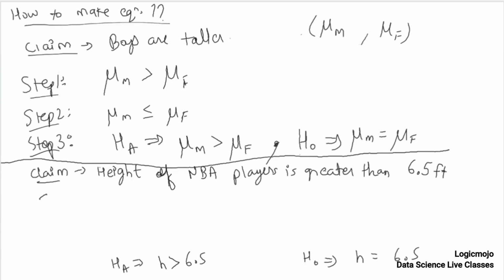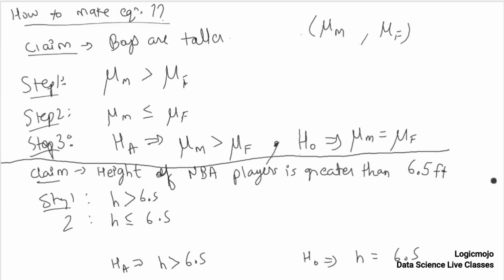So easy steps. Step one, write this claim in the form of an equation. It will be the height of an NBA player is greater than 6.5. Step two, write the opposite of this statement. Step three, whichever does not contain an equal to sign. This one contains an equal to sign, so this will be the null hypothesis, and the alternate hypothesis will be the one without it.